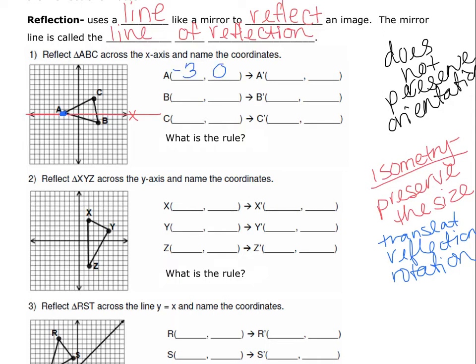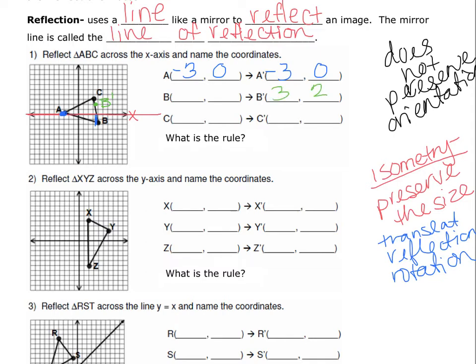And since it is on the line of reflection, then A prime is going to be the same exact point. Now let's look at B. Point B, if you count here, is 2 units away from the line of reflection. So if we count 2 units in the other direction, and we go up 2, then our B is going to land there, our B prime, which is at 3, 2.